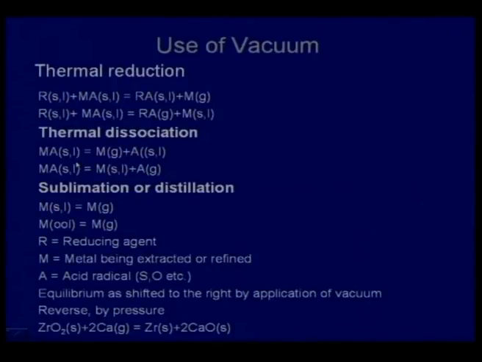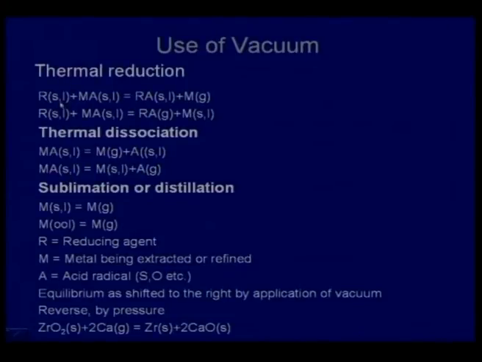And if on the right hand side, we have something in the gas phase, then you know by application of vacuum, we should be able to encourage the reaction to go to the right side.